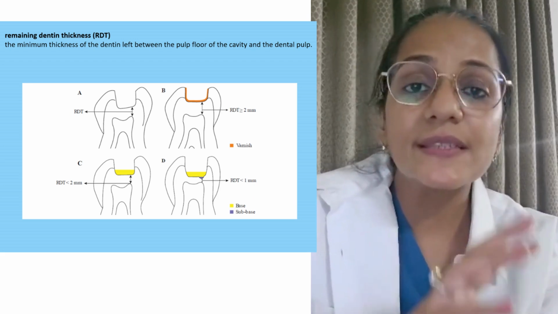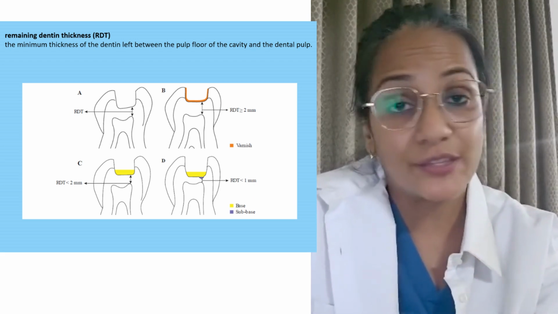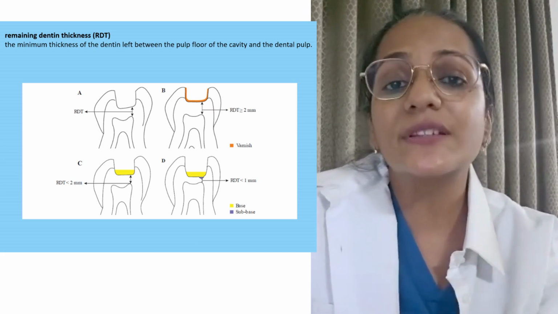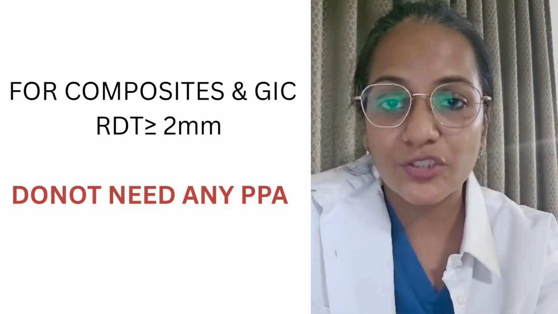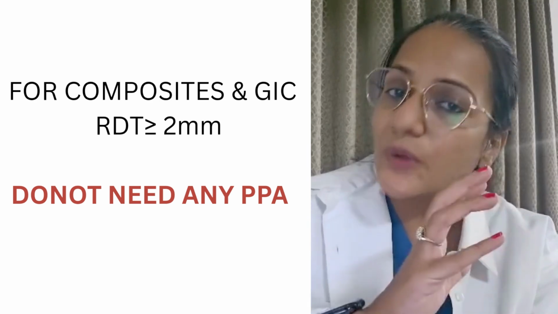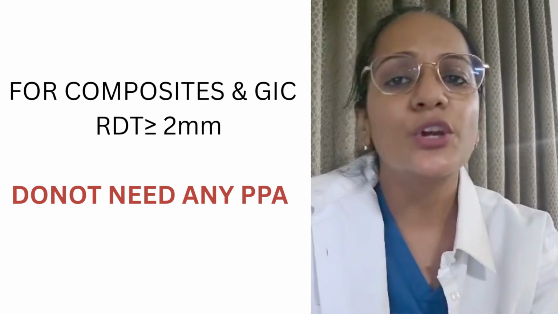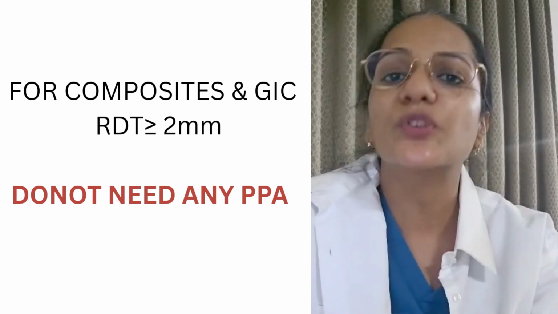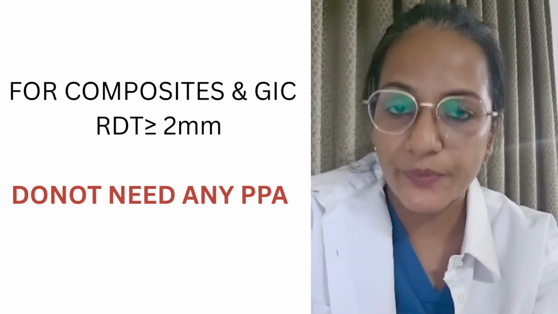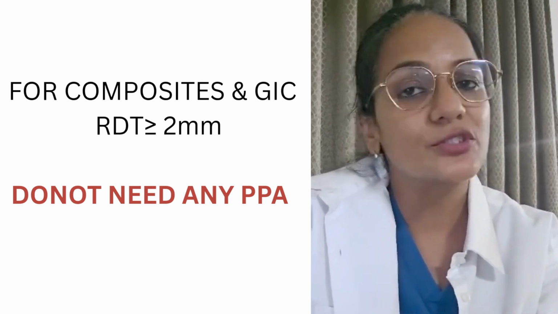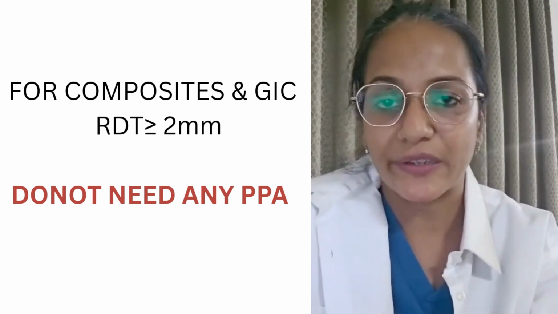Okay. Now this changes with the restorative material you're using. Say for example, if you're using a composite restoration or a GIC restoration and you have good remaining dentine thickness, say more than or equal to 2 mm, you need not apply a varnish because the bonding agent takes care of it for composites, and for glass ionomer cement, since you have a chemical bonding, it takes good care.